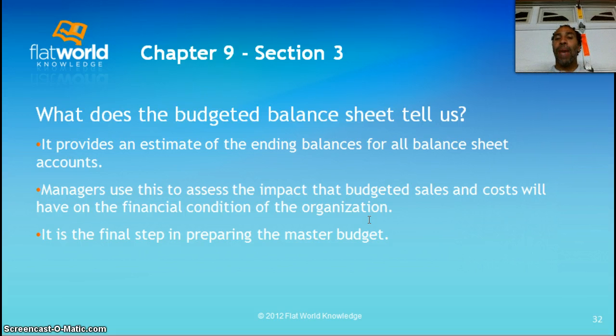So what does the budgeted balance sheet tell us? It provides an estimate of the ending balances for all balance sheet accounts. Managers use this to assess the impact that the budgeted sales and costs will have on the financial condition of the organization. And that's definitely a valid point to stick behind, as a final step in preparing the actual master budget.